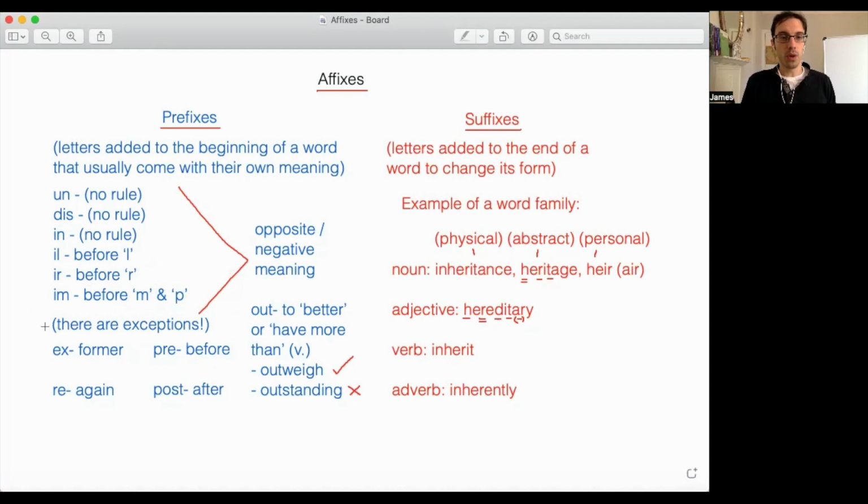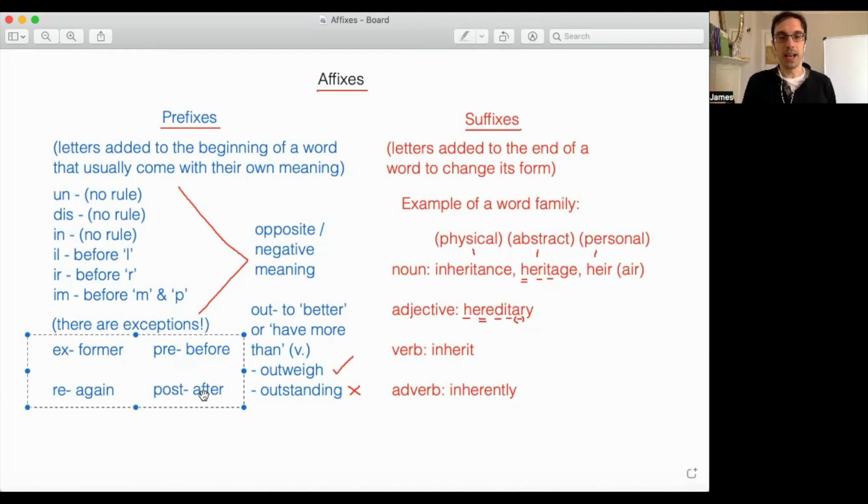Okay, so to go on to the prefixes that usually come with their own meaning, we've got a few over here. These are quite common ones. So ex meaning former, like ex-boyfriend or girlfriend. Re meaning again, so to redo something, to do it again. And then we have some opposites. You have a few of these like pro and anti.